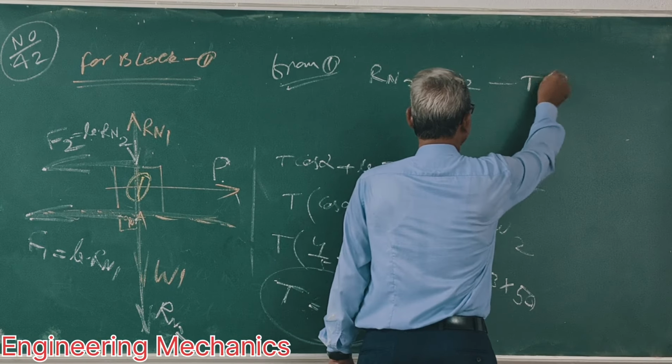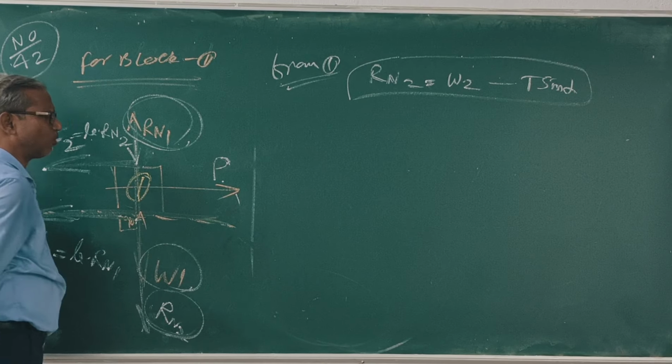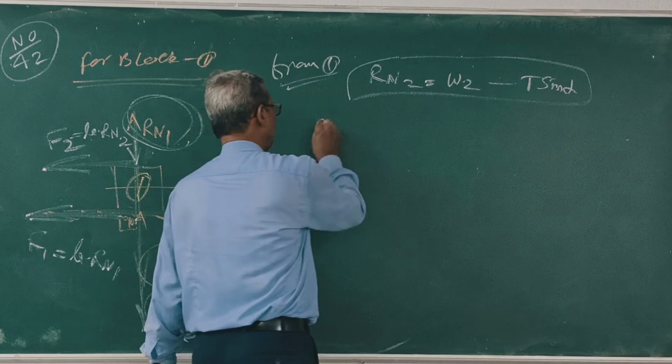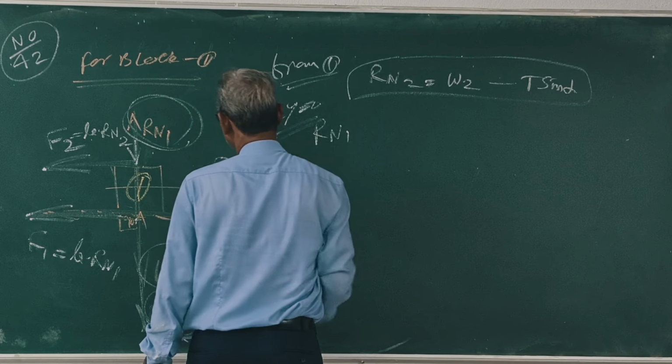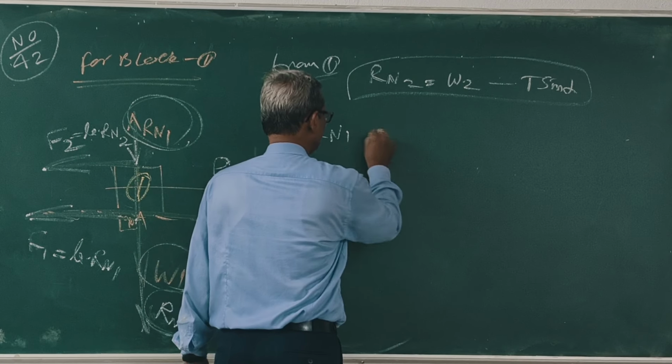Now come to figure 1. In figure 1, what is Rn1? Sigma Y is 0, so Rn1 is equal to W1 plus Rn2.